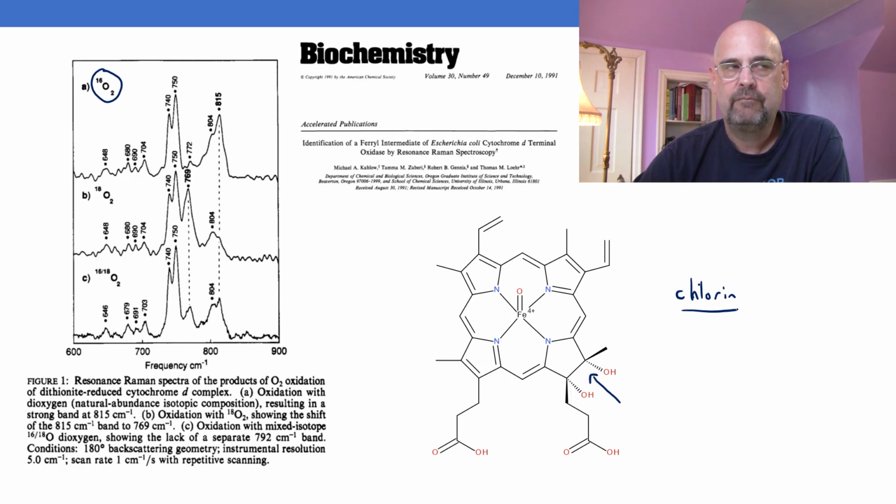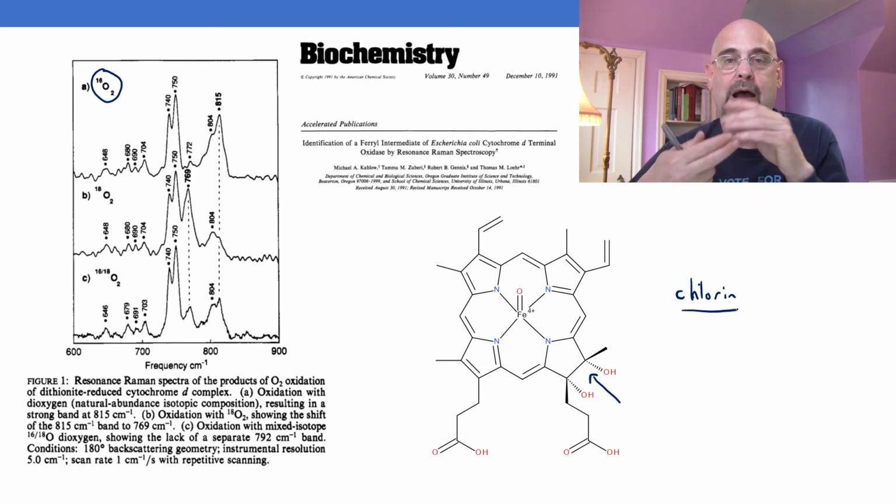In this case, the electronic change, these are bright green, and this protein was bright emerald green. So what we did was you can oxidize the protein either by fully reducing it and then adding oxygen, or by adding hydrogen peroxide.